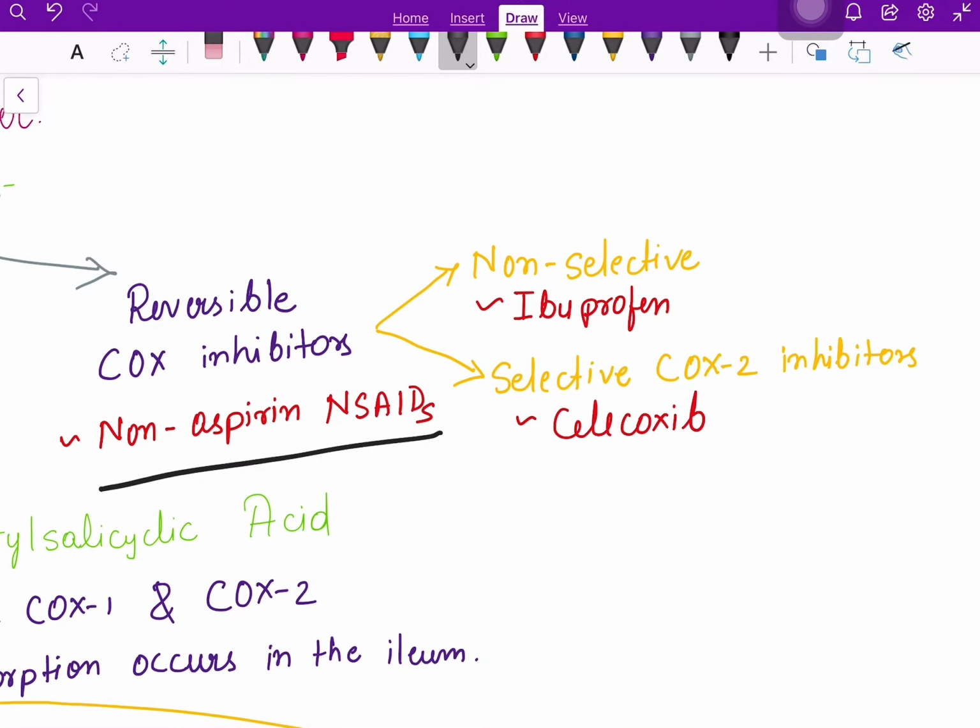We know the difference between non-selective and selective, but I'll tell you again: non-selective is when the drug works on both the substances, that is, it works on both COX-1 as well as COX-2. It is not selecting any particular inhibitor. But selective works only on COX-2. That's why it is known as selective. So a non-selective example is ibuprofen and selective can be celecoxib.